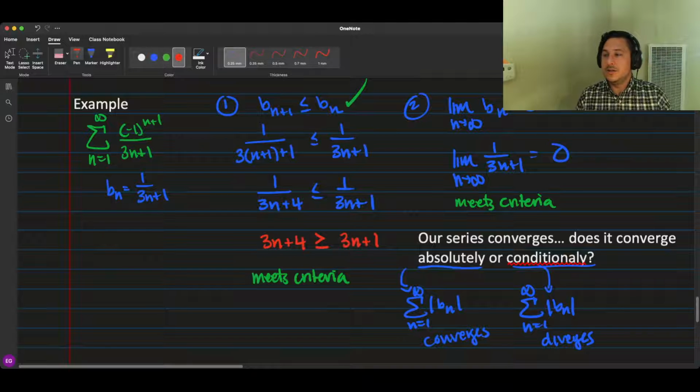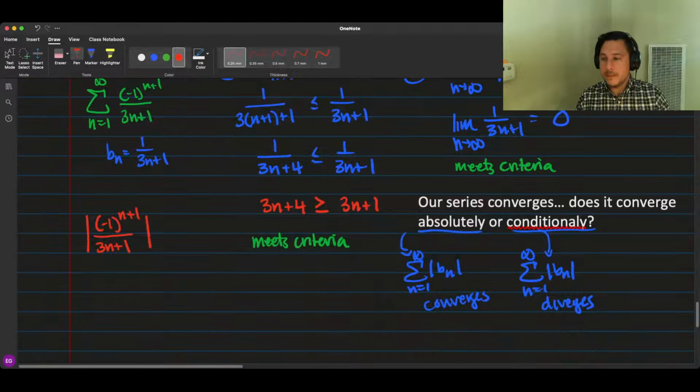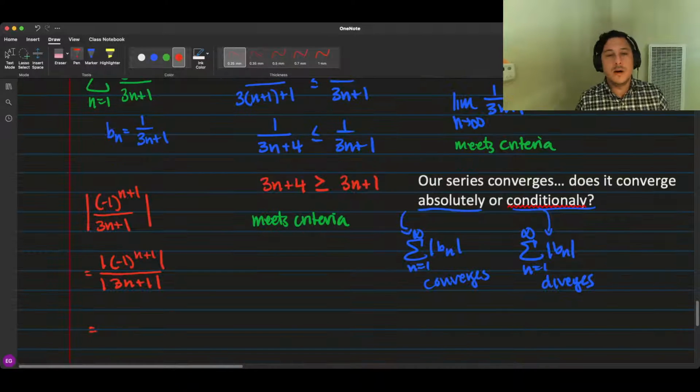Okay, so what we need to do now is take our (-1)^(n+1) over 3n plus 1 and just take the absolute value. Okay, and now we can do the absolute value of the top and the absolute value of the bottom. What do you know about the absolute value of (-1)^(n+1)?